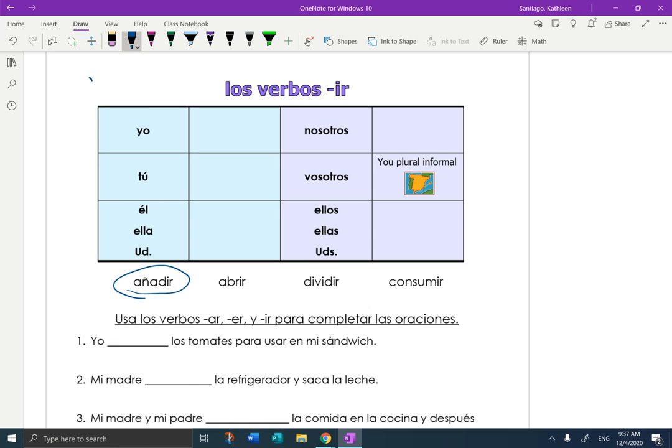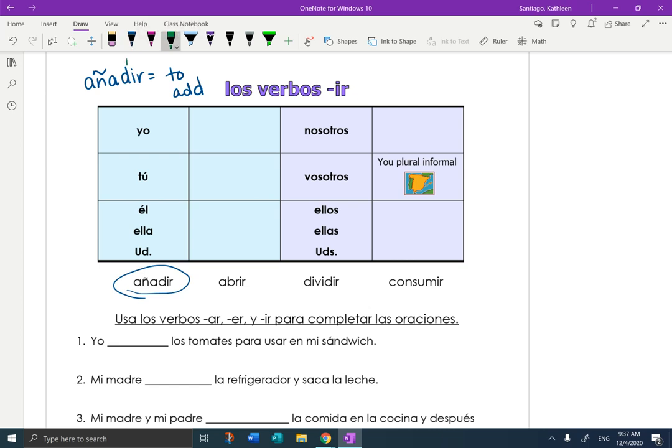I'm going to take it and write it at the top of the chart. Añadir equals to add. Like when you're adding something to a sandwich or a recipe. The tilde is important because it's not anadir, it's añadir. So it's a simple chop and add.